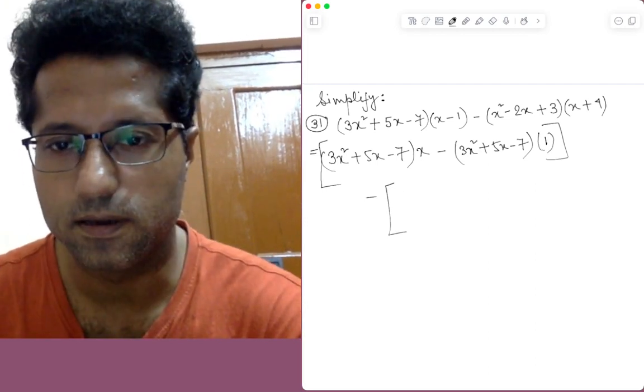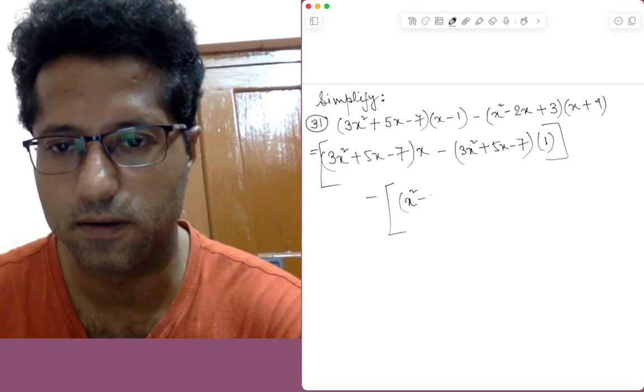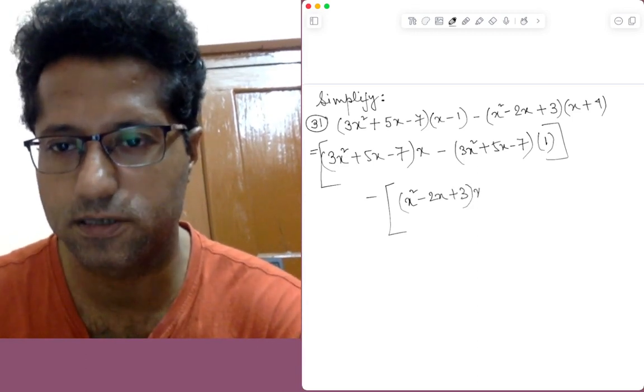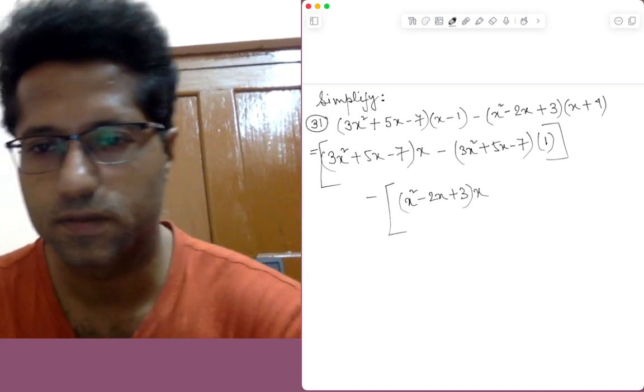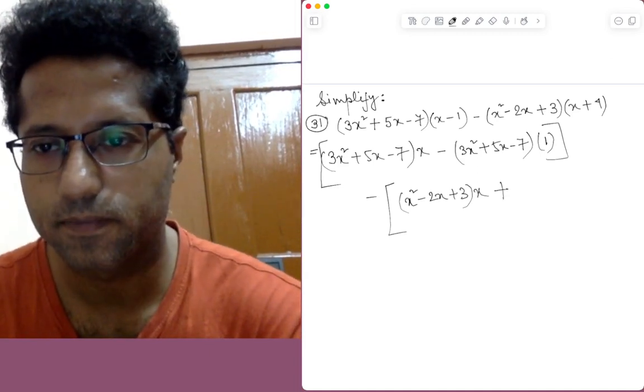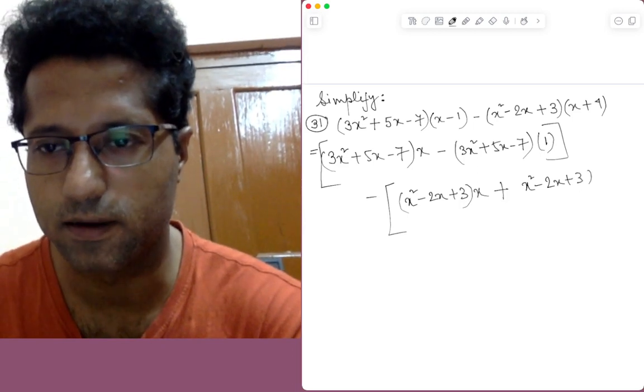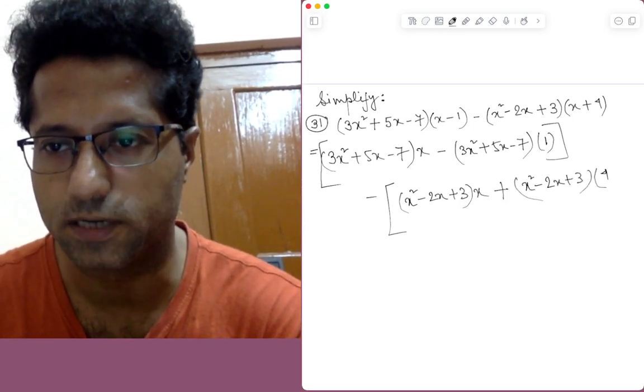becomes x square, the trinomial, multiplied by the first term of the binomial x, and since it's x plus 4, we will have plus x square minus 2x plus 3 again multiplied by 4, the second term of the binomial.